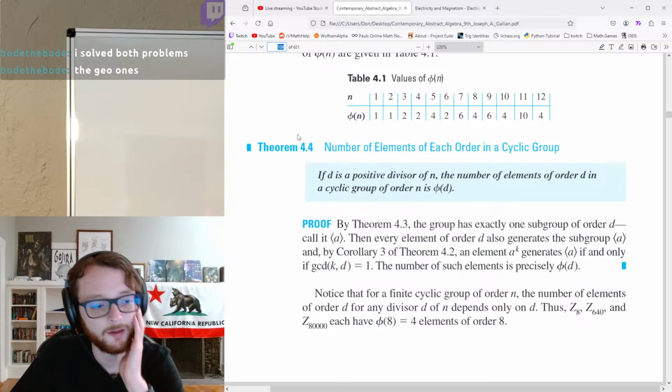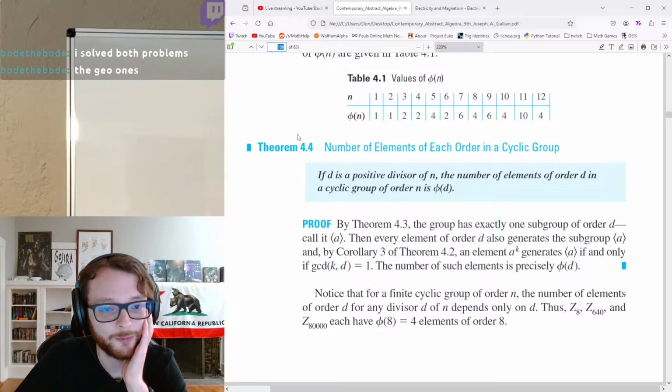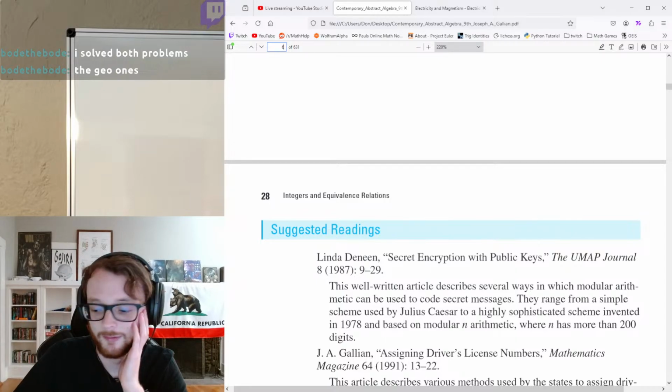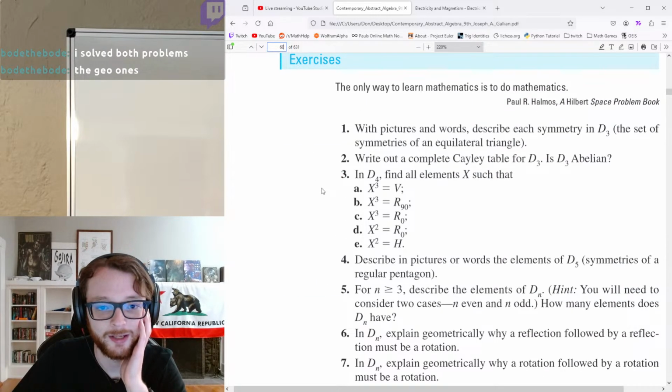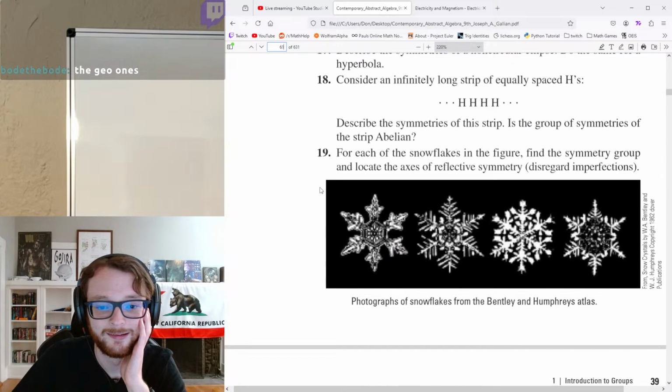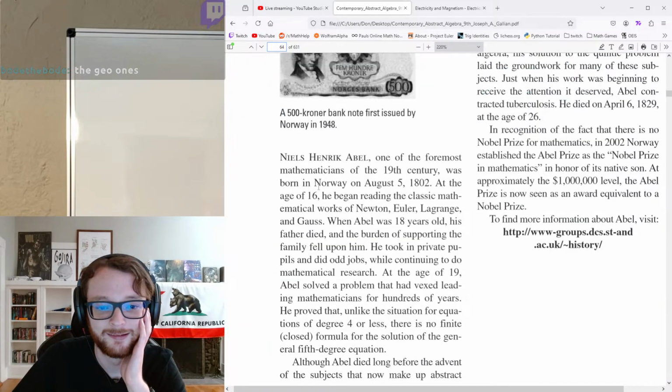Yeah, well, I think they defined it for n greater than or equal to 3. I hope so. Let's take a look at that, though. Because n equals 2, wouldn't that just be a line? I don't know how that would work.